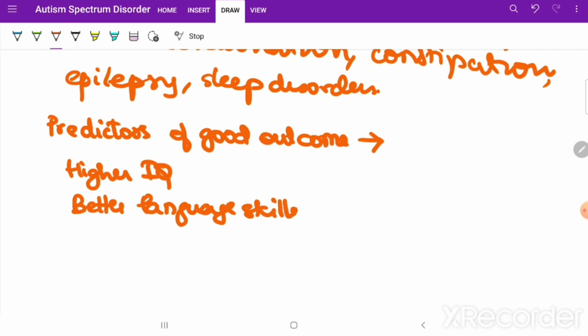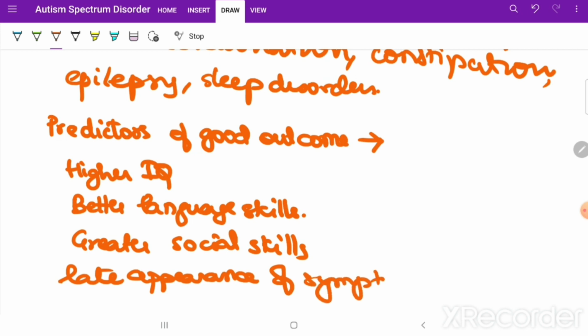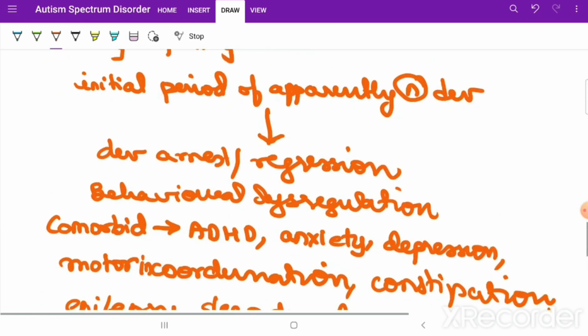Greater social skills, good outcome. And later appearance of symptoms, good outcome. These are the predictors of good adaptive outcome. This is about the course and prognosis.